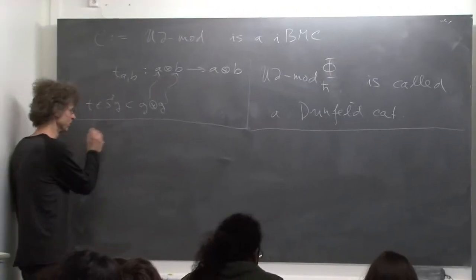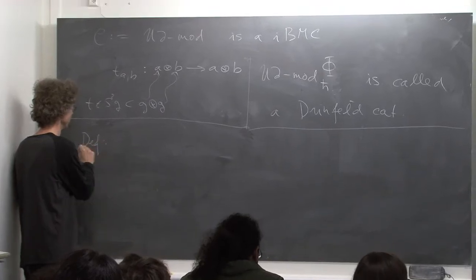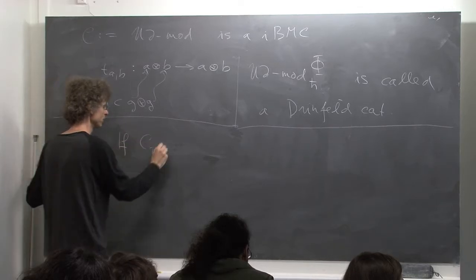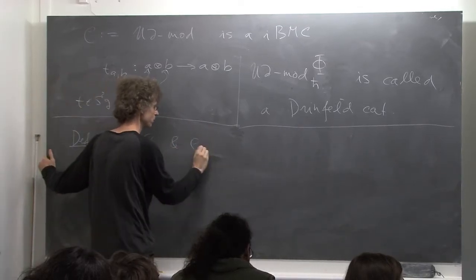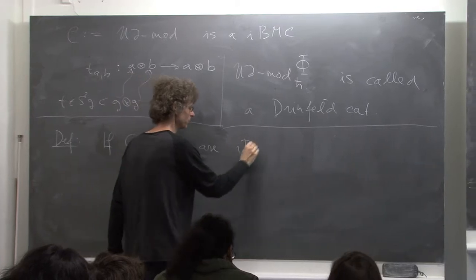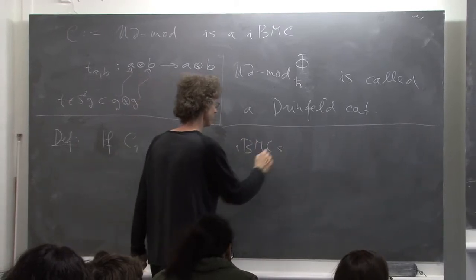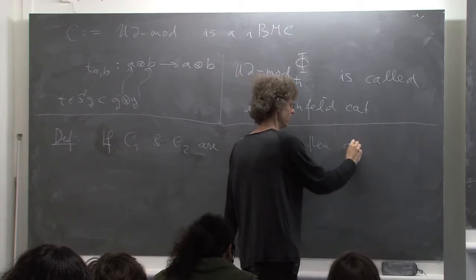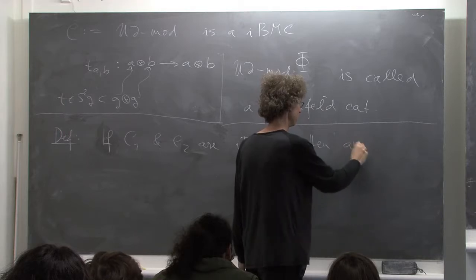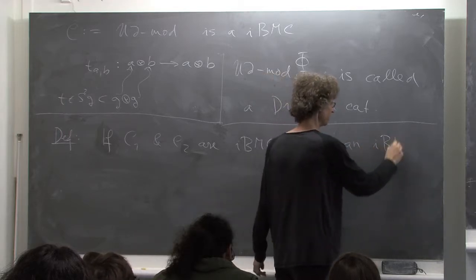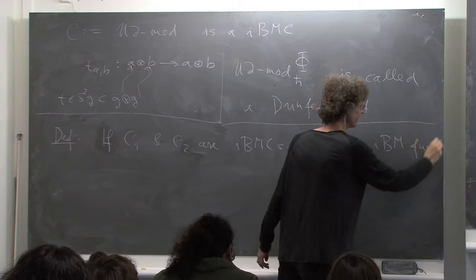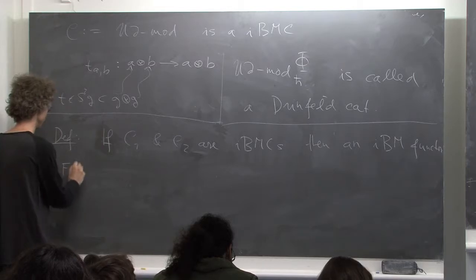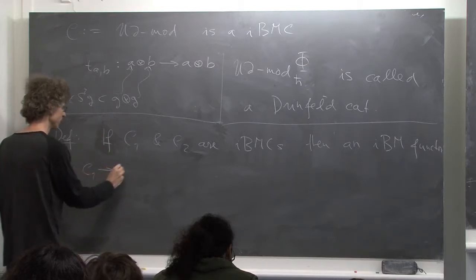So let me pretend there is a definition. Say, if C1 and C2 are infinitesimally braided monoidal categories, then an infinitesimally braided monoidal functor f from C1 to C2.